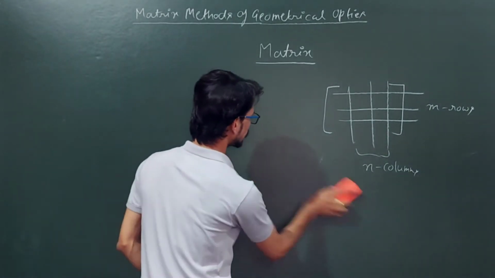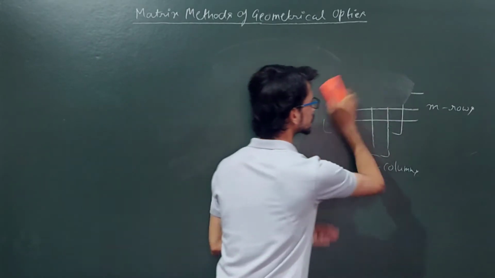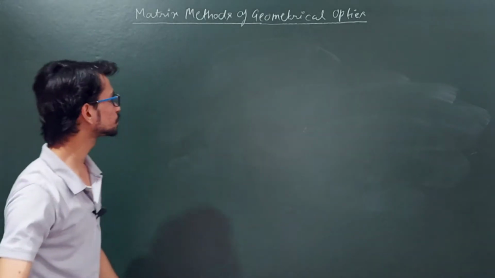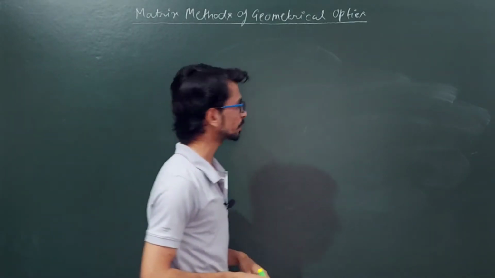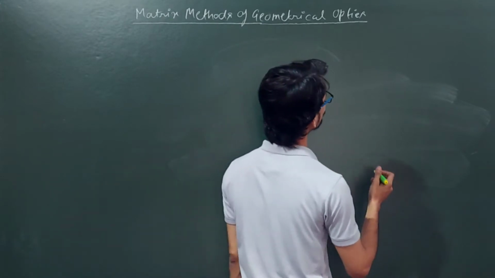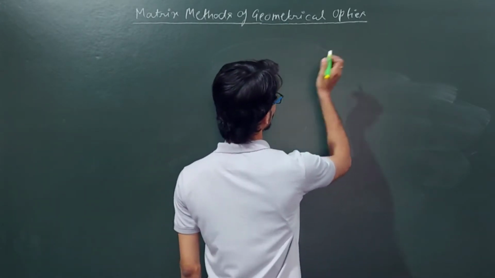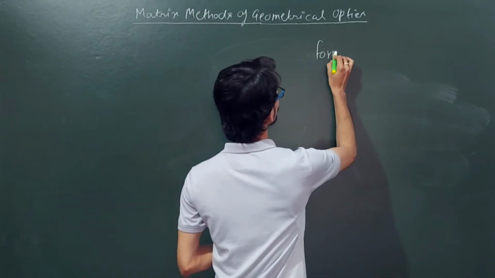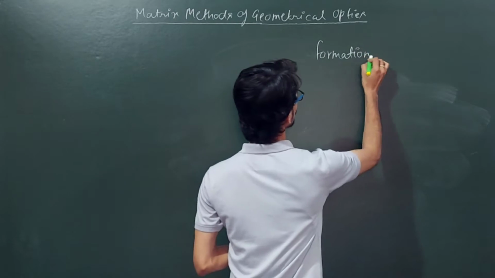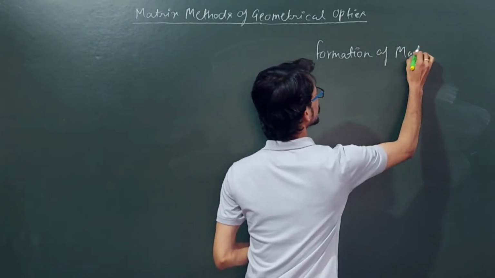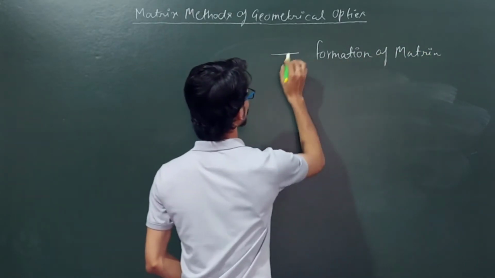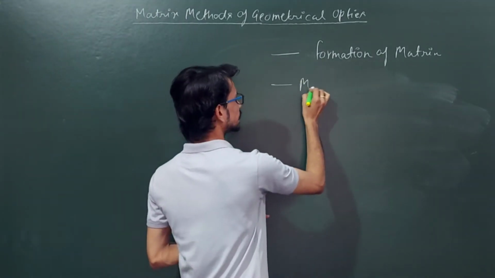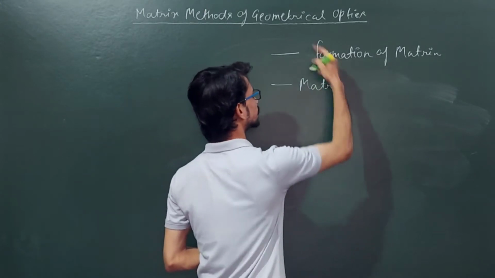Now let us take a look at some associated terms which are going to be useful in this lecture, matrix methods of geometrical optics. First is formation of matrix. Next one is matrix method. What exactly is the matrix method in geometrical optics?